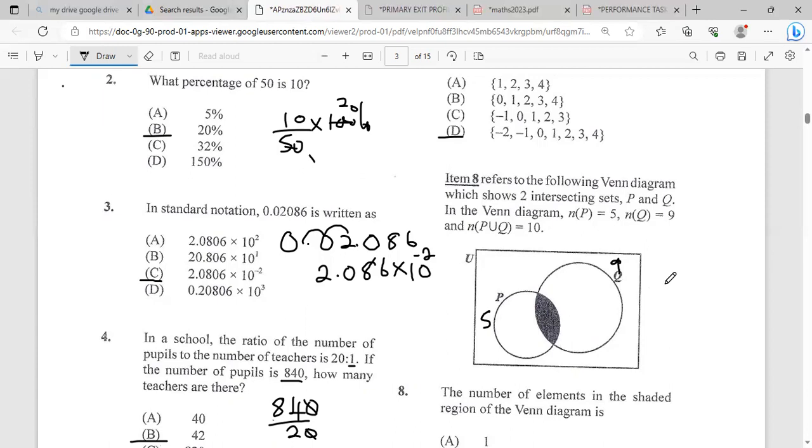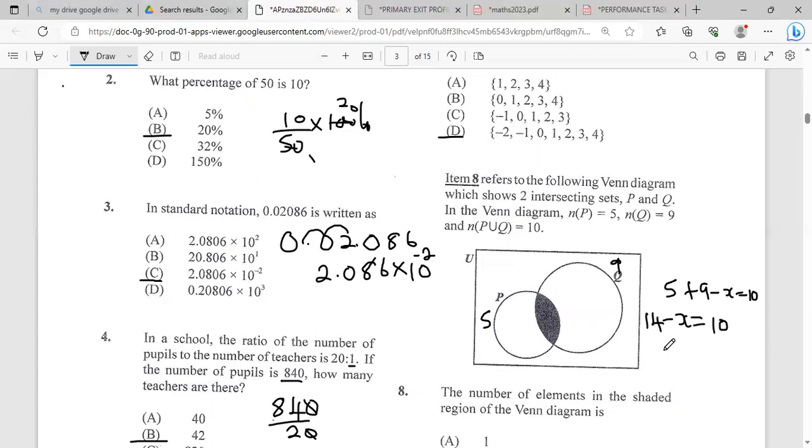So all we have to do is to say, all right, 5 plus 9 minus the intersection, and that gives you 10. 5 and 9 is 14. And from there, we can solve, all right?